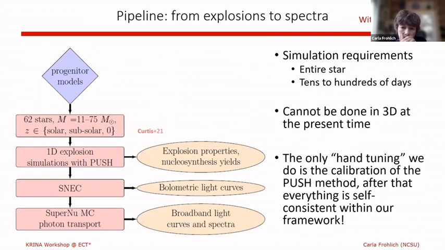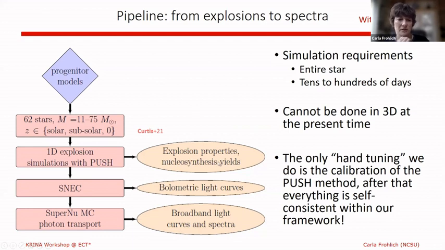All right, so we've had compact remnants and nuclei, explosion properties and nuclei as messengers. I want to shift gear now and move to electromagnetic messengers or observables. So what we've done with these models, so far I've talked, if you look at this flowchart on the left, we have progenitors, they're described here, and then we ran them through our effective 1D model, and we get explosion properties and nucleosynthesis yields.